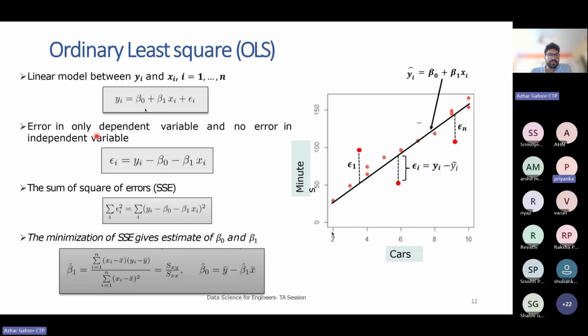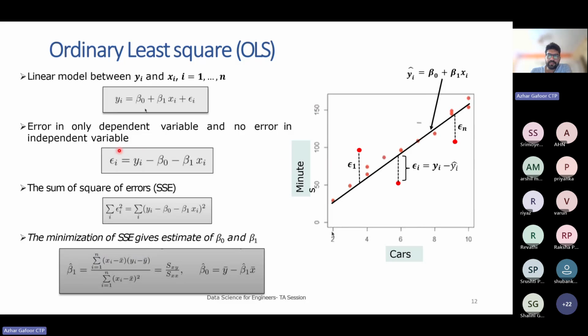The error is only in the dependent variable and no error in the independent variable, because the number of cars is not a probabilistic distribution. We know how many cars are coming. So the error will be calculated only in the dependent variable. Here, E1 or epsilon 1 is the error, calculated only in the dependent variable, that is the minutes.